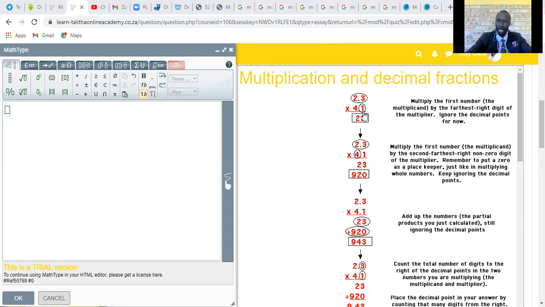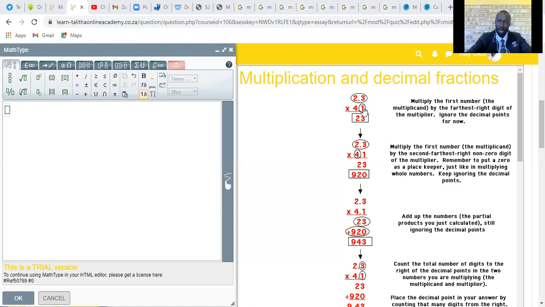Now, the rule here, which I have listed right on the right side, is that when we are multiplying decimal fractions, we multiply the first digit of the multiplier, which in this case is 1, by the farthest right digit of the multiplicand, okay? So we multiply the first number 1 here by 3.